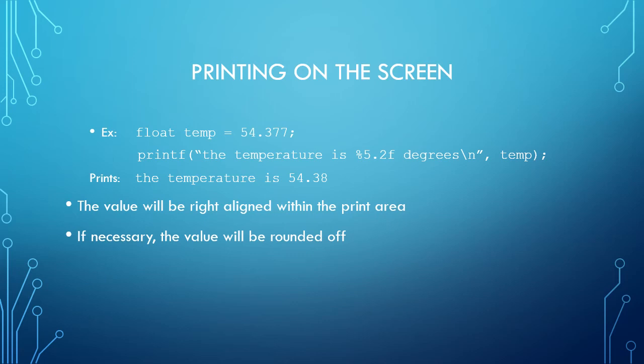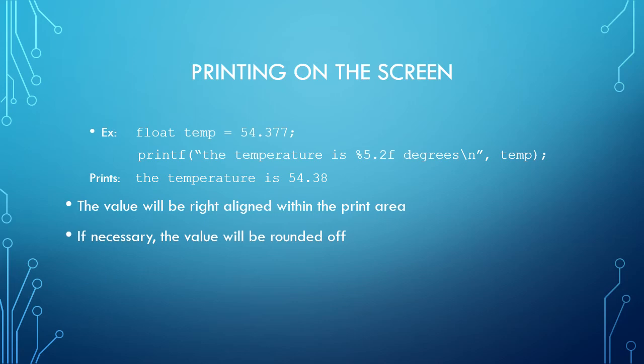If the field is larger than the value being printed, the value will be right aligned within the print area. So if we had printed it with 8.2 instead of 5.2, it would have had 3 blanks and then 54.38 for a total of 8 spaces.